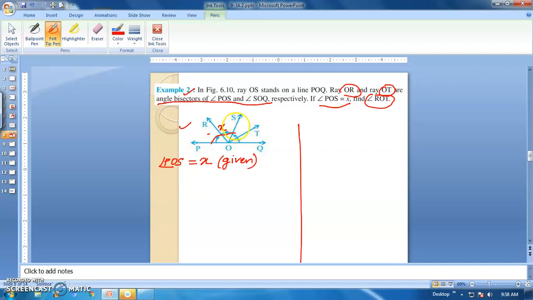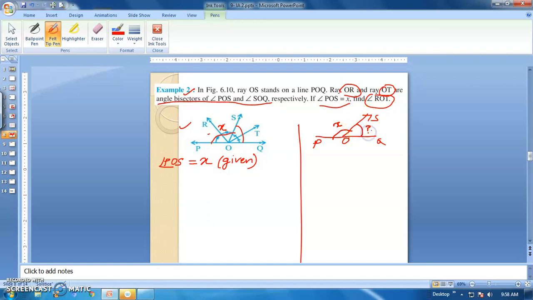And what about this angle? So this one is fully 180 degrees. Okay, so listen here, the diagram is like this, POQ. Let us take this one as O. What is given means this POS is nothing but X. And what about this one?